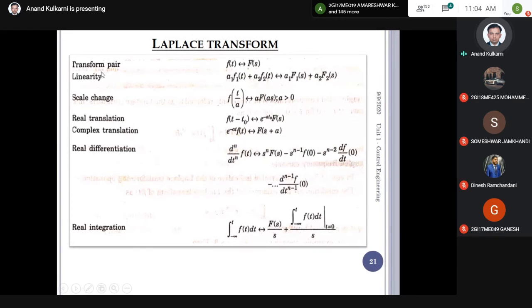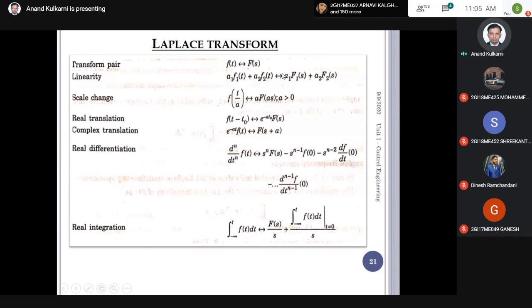Suppose you have two functions, a1 f1 of t plus a2 f2 of t, where a1 and a2 are constants, so they don't change. If you take the Laplace transform of that, it will become a1 F1 of s plus a2 F2 of s. There is one convention to follow here.